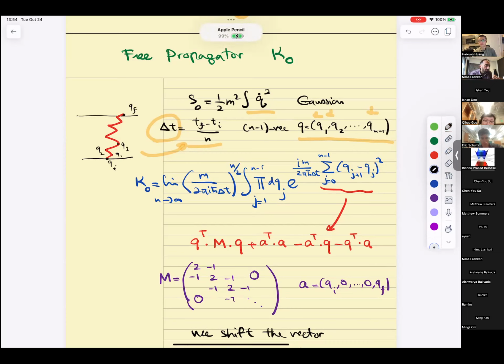All right, so now what we have to do is we're gonna do the path integral over space, but because we had Q dot squared, we'll have to do Qj plus 1 minus Qj squared. That's the time derivative, because we have discretized time. Our discretized derivative is going to be the difference of Qj plus 1 minus Qj, right? So that's what we have to calculate.